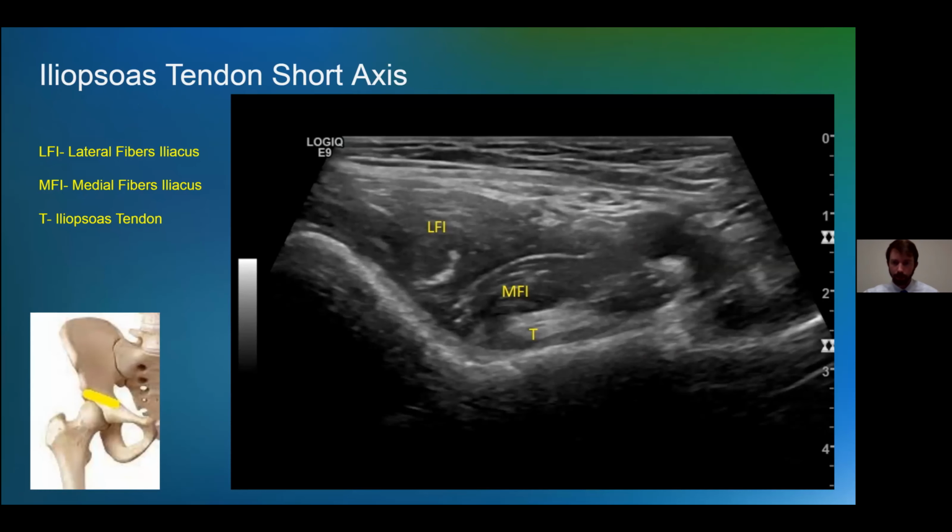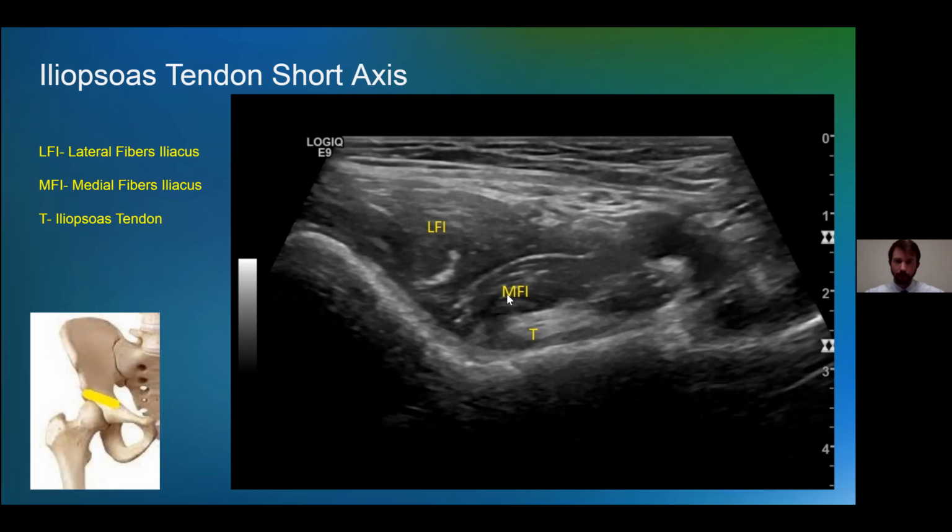So to visualize this area, our probe should be placed in the orientation shown here below. Basically placed in a transverse plane over the femoral head, and then we're going to move just superiorly to expose this view. It's important to note the medial fibers of the iliacus muscle are just superior to the iliopsoas tendon here.